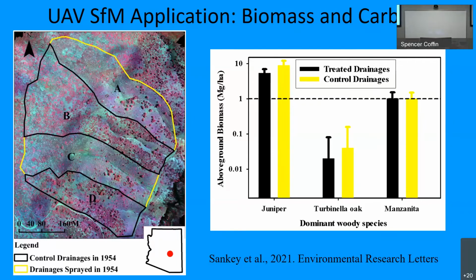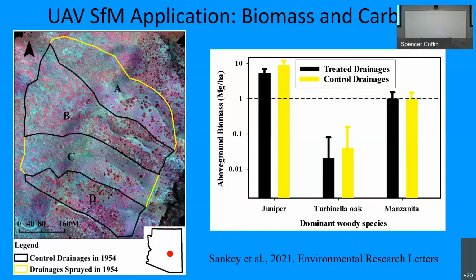When I went there and imaged the study area in 2019, this is the multispectral image I got. Watersheds A and C were chemically treated roughly 60 some years ago. And you still see the impact of that chemical treatment now in terms of the total woody cover, which we can estimate just from the multispectral data here.